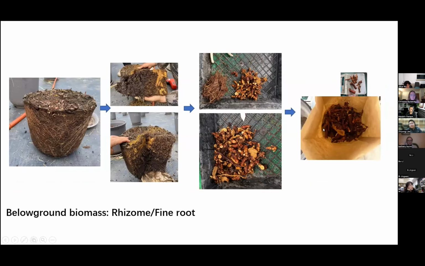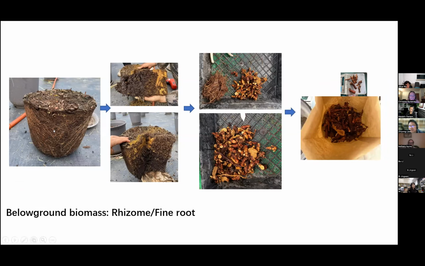And for the below ground biomass, it was really challenging, but we did that according to Professor Bo's suggestion. Actually, they did some pilot experiment, Professor Bo and Wu, and also Ju.